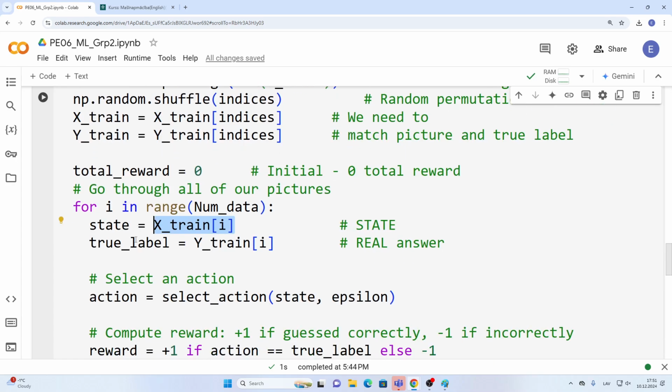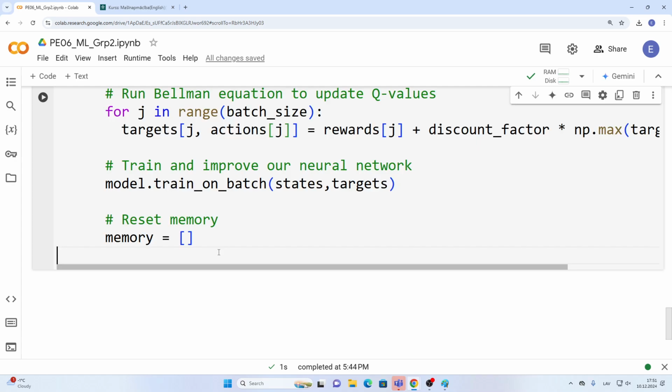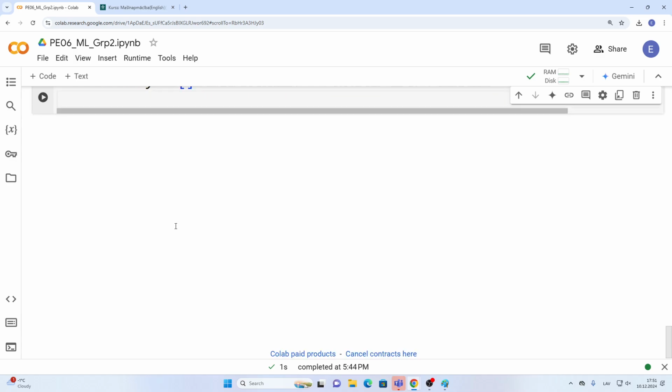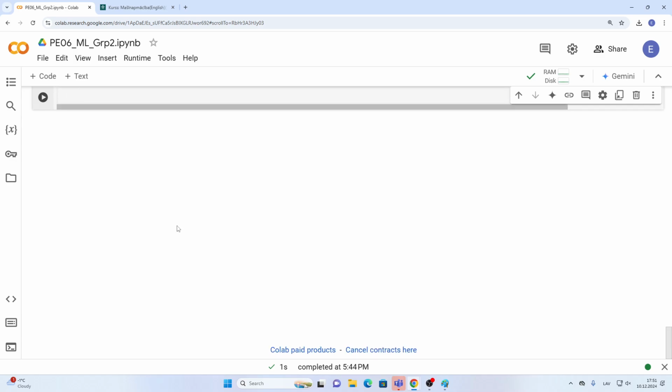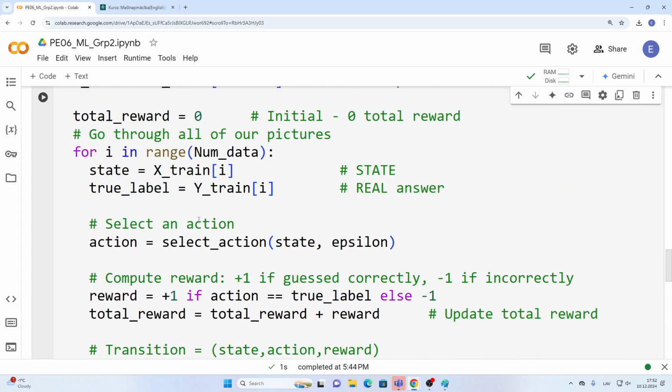So essentially, what happens now, we go further, we run this algorithm, everything is fine, we stop here, yes, and before we start a new episode, that's after reset memory here, yes.